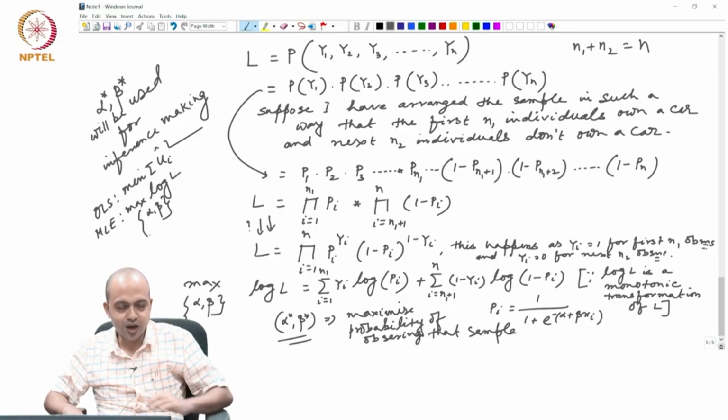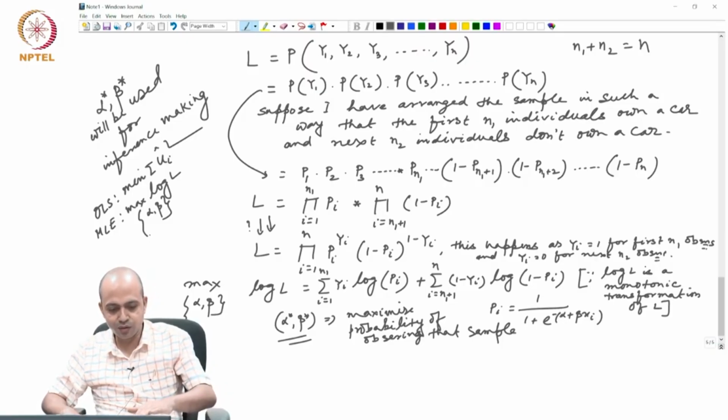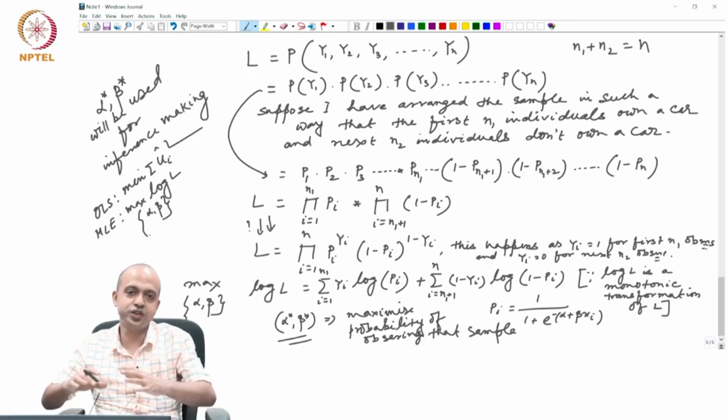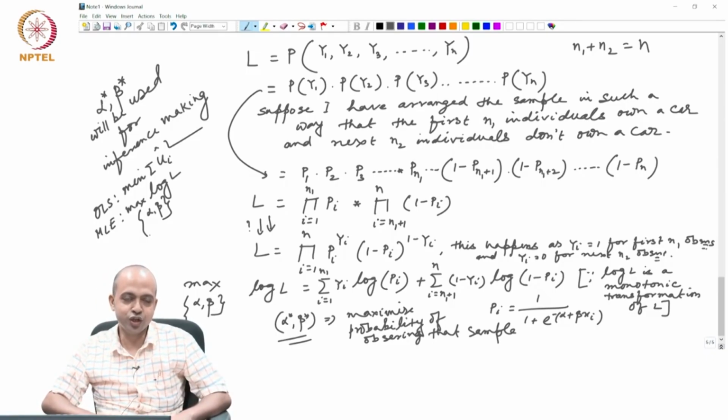And there are certain advantages of this MLE. The advantage is that the alpha star and beta star you get after maximizing log L are asymptotically efficient, and they approach normality, that is also asymptotically.